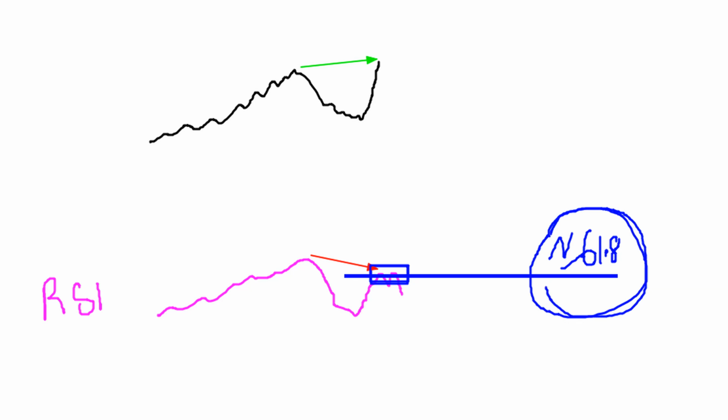Generally, what happens is, if this is the case, prices will have to come down, or don't have to, but generally they do. And so this actually becomes a major sell signal, as you will see in our example. All right, let's take a look at the example.